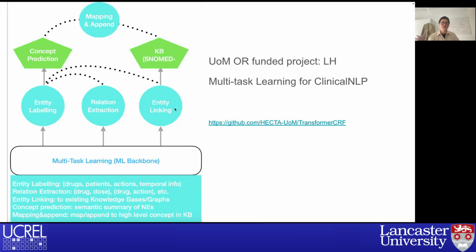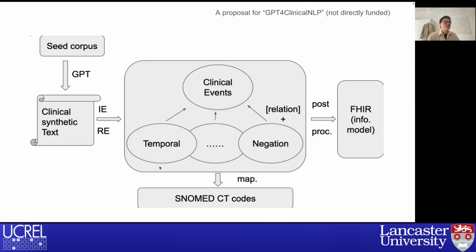For safe drug usage, they have some regulations linked to SNOMED. So this can all be connected using multitask learning. And here, if we use GPT-ish decoders and generate synthetic data, we can do similar temporal relation extraction and all these clinical events we mentioned, and post-process to fire, that is one clinical knowledge base, and SNOMED is another one.